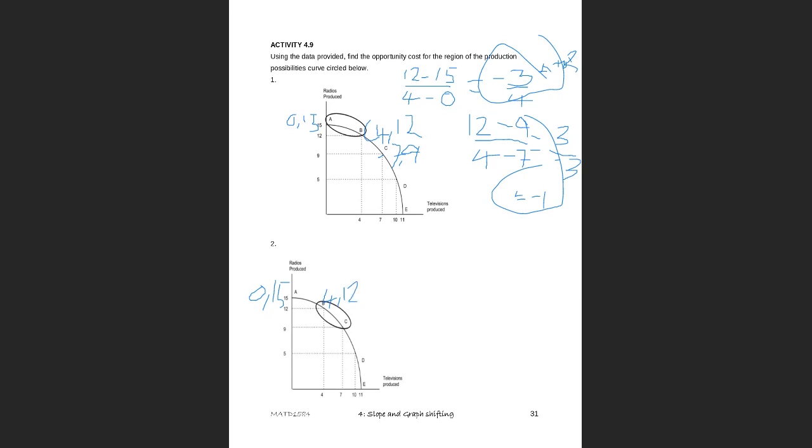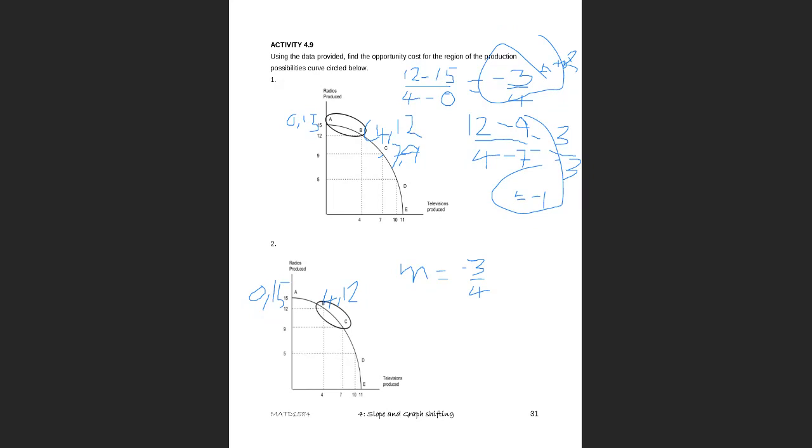So your gradient is going to be minus 3 over 4. So the meaning is very simple: if you increase TV production by 4 units from A to B, radio production will decrease by 3 units.